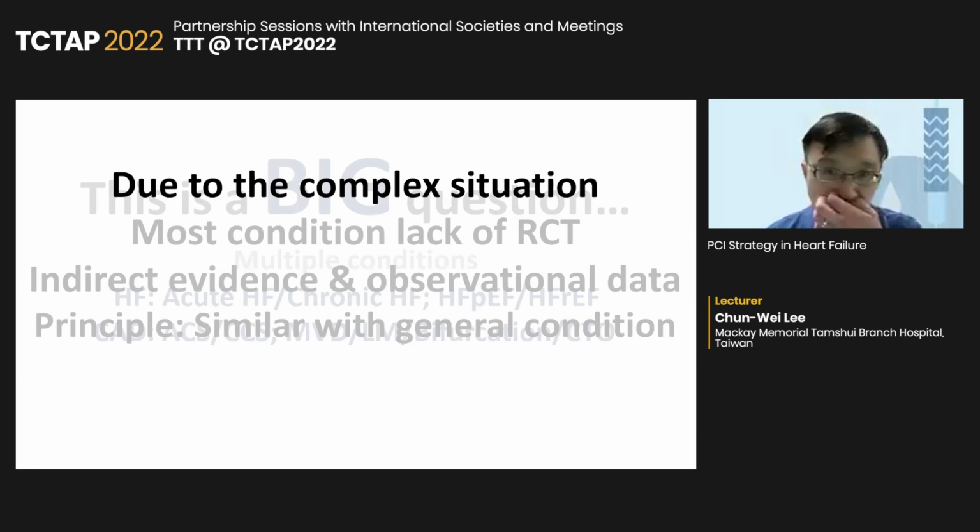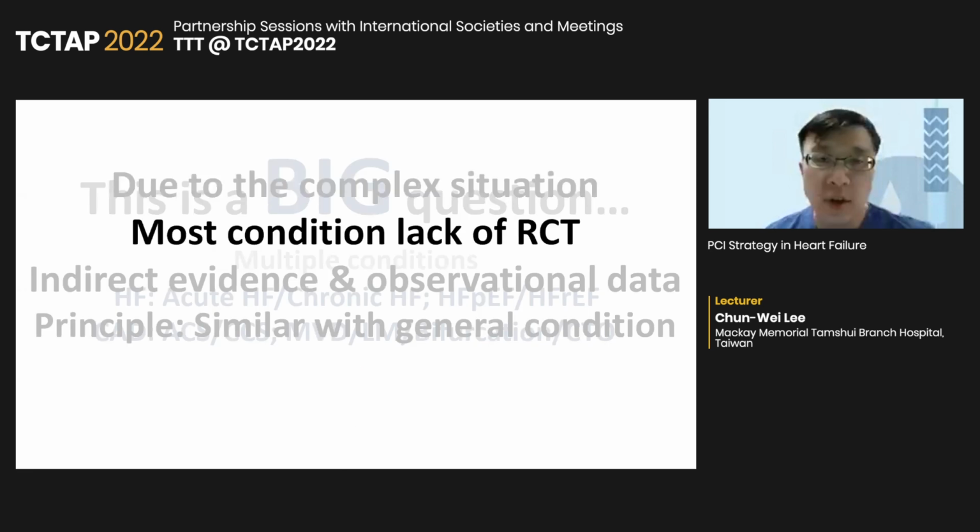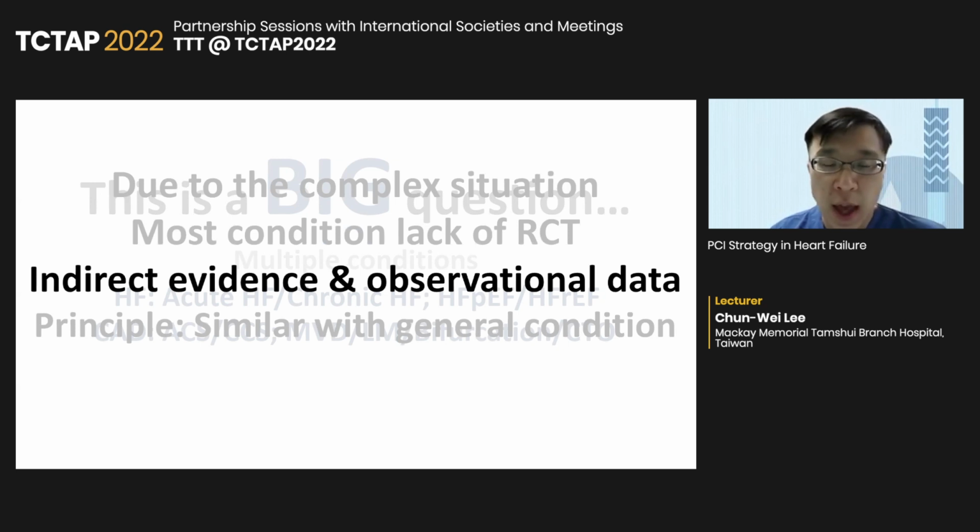Due to the complexity of the situation, many of these conditions currently lack randomized controlled trials. So our evidence is basically indirect and mostly from observational data.